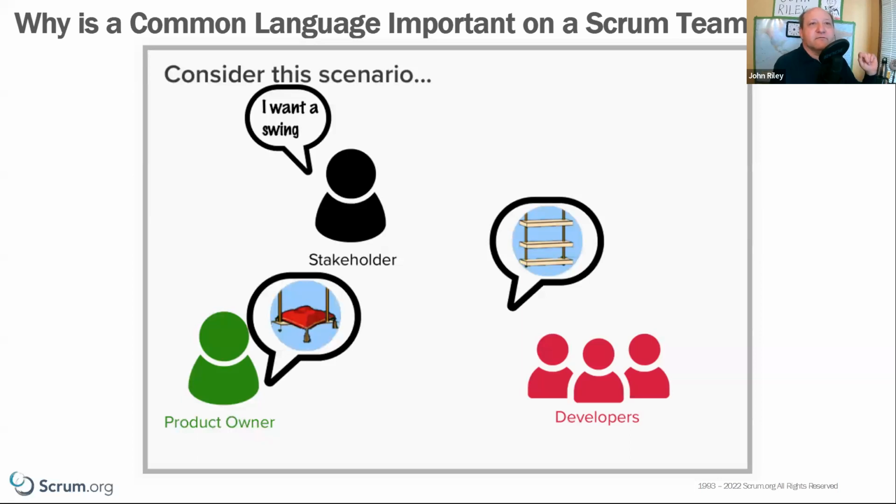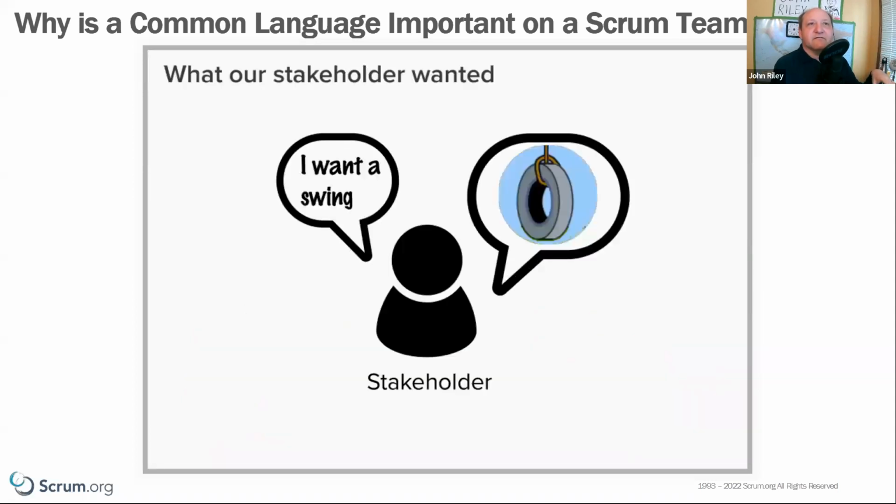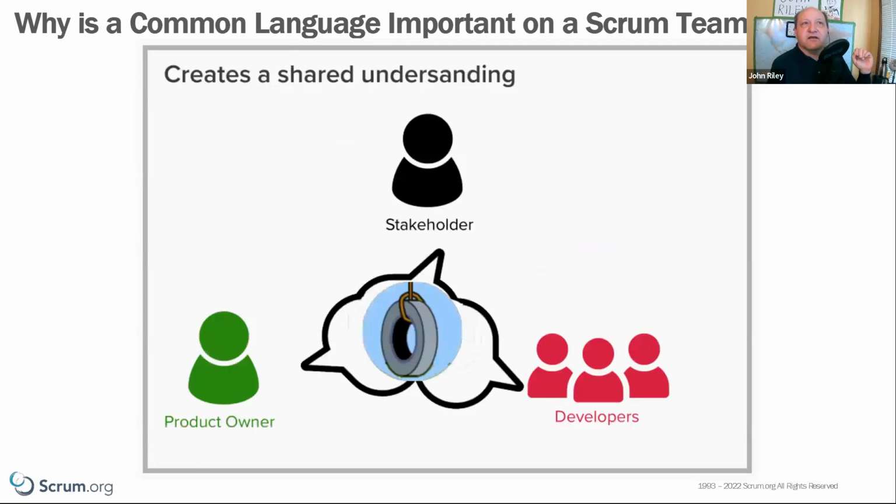What do we got here? We got a lot of disconnects, even just by saying, I want a swing. And not only that, the stakeholder actually wanted a swing that looks like this. They wanted a tire swing. So still not much of a commonality going on, still some disconnects.